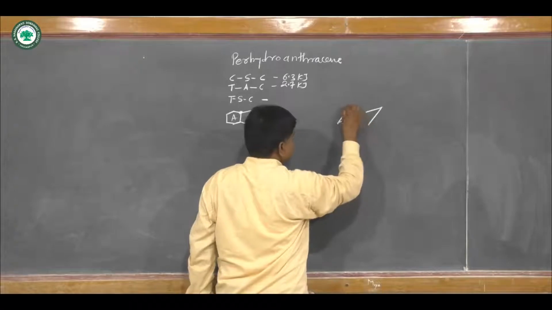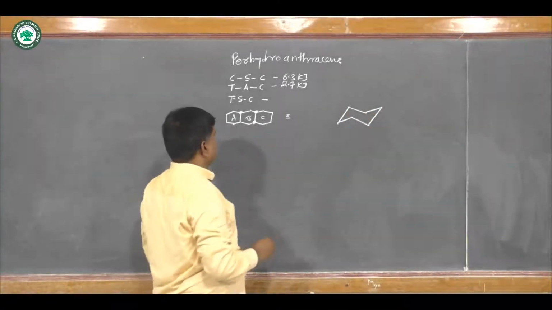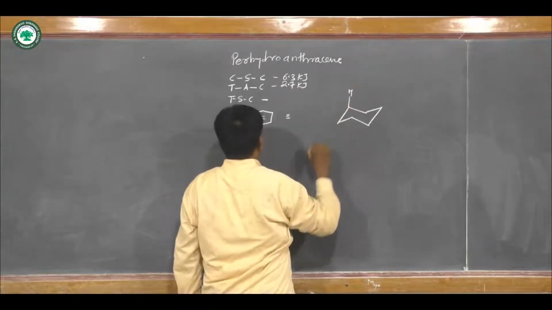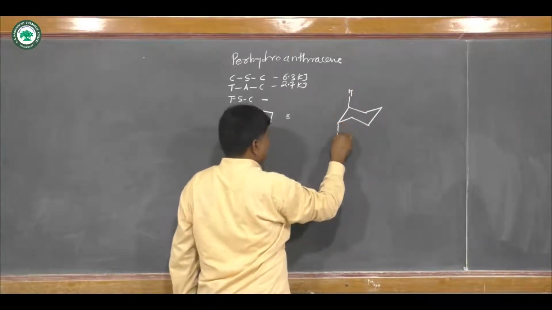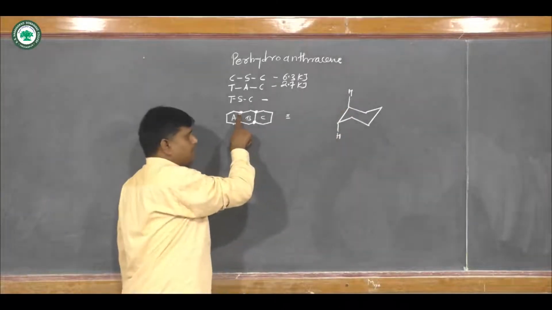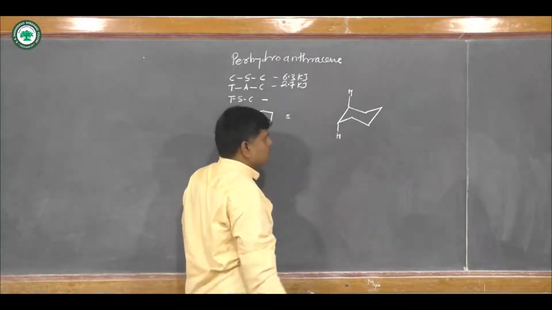Suppose this is one chair, and this is one hydrogen, this one is another hydrogen. This one is the beta hydrogen and this one is the alpha hydrogen, so we put that hydrogen at the alpha position.